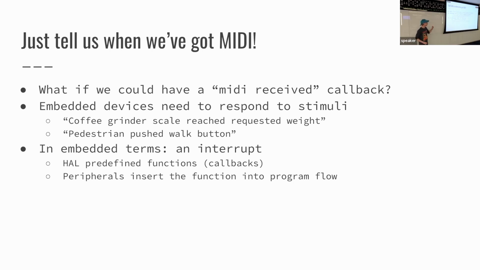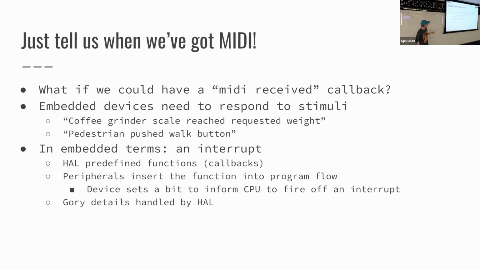Just know that you shouldn't do a lot of expensive stuff in them because they're actually interrupting your program flow. Wherever your program is, the state of your program will be saved, and then the interrupt will be invoked, and then your program will be resumed, because you're just dealing with a single core.